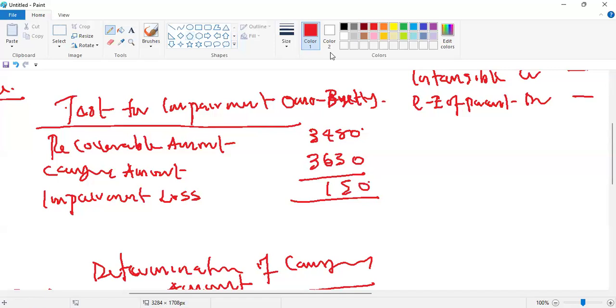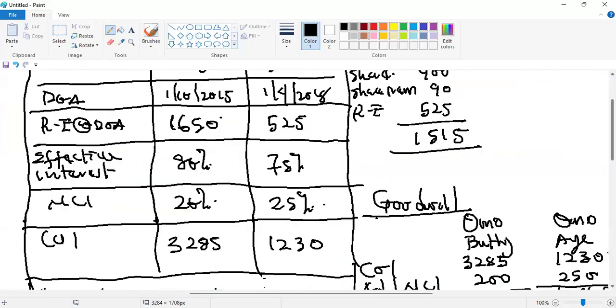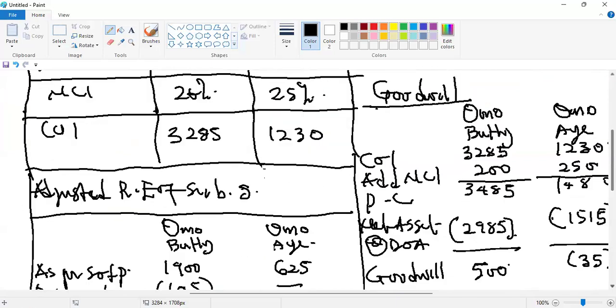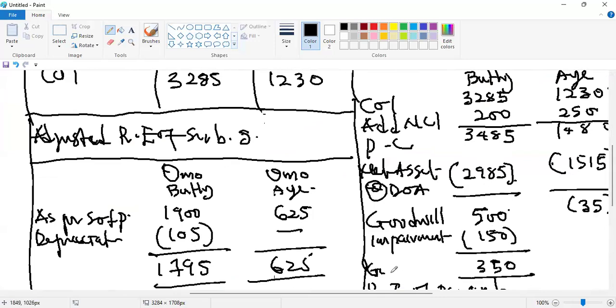I will now go to the question. Impairment on goodwill, 150. Goodwill reduced.